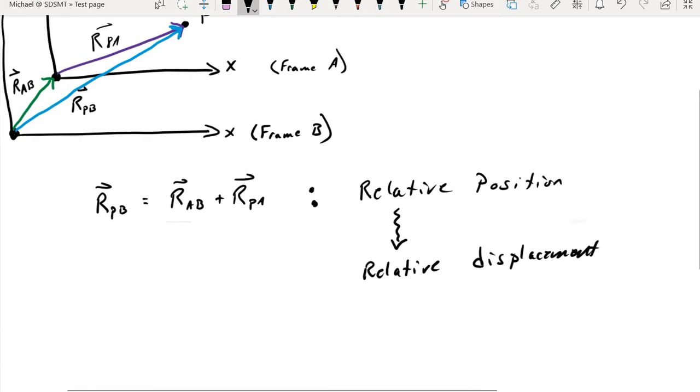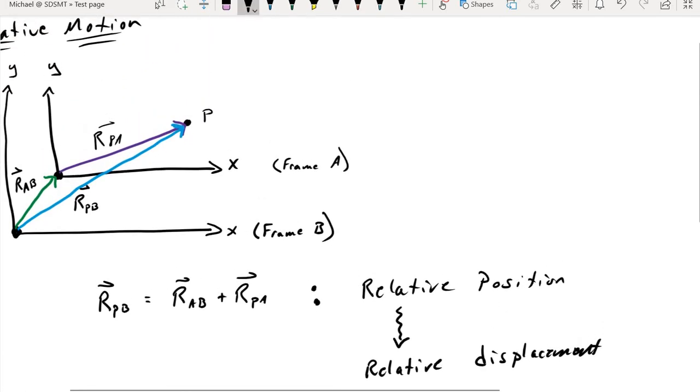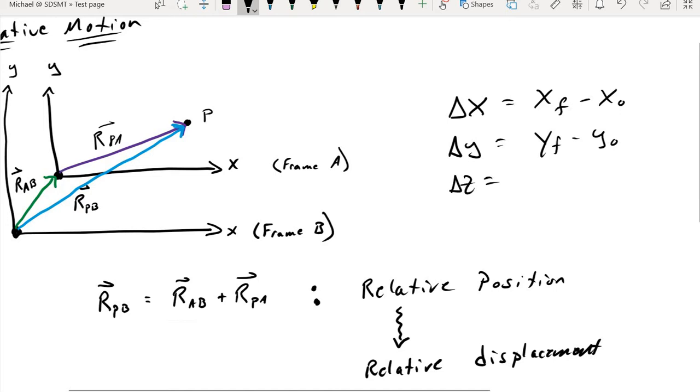And if you remember, back in chapter 2, we defined displacement as the change in position. Now for just one axis, that change in position would be the change in final minus initial for the x direction. Likewise, we would have final minus initial for the y direction. If there was a z direction, we could have that as well.